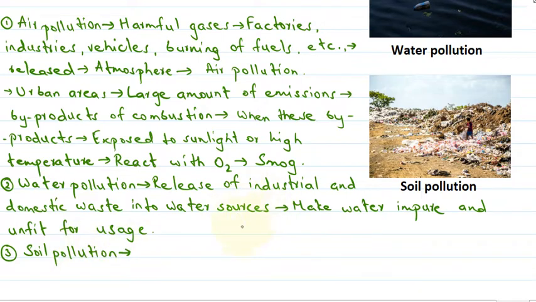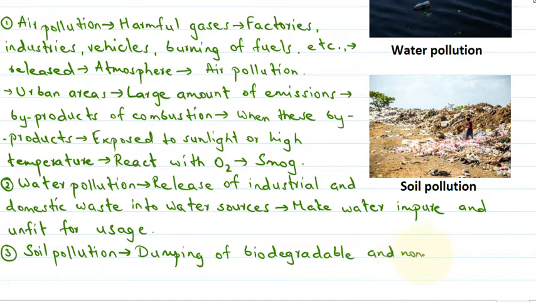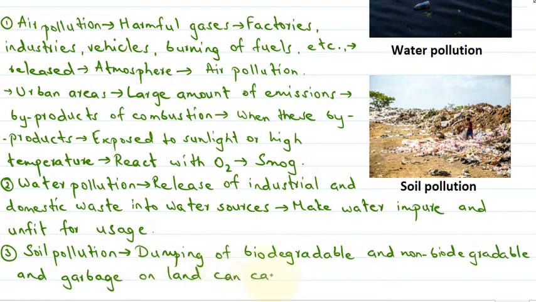In the case of soil pollution, there is dumping of biodegradable substances, that is, those that can decay in soil gradually, and non biodegradable substances, those that cannot undergo decay in soil, as well as garbage on land. This causes soil pollution.